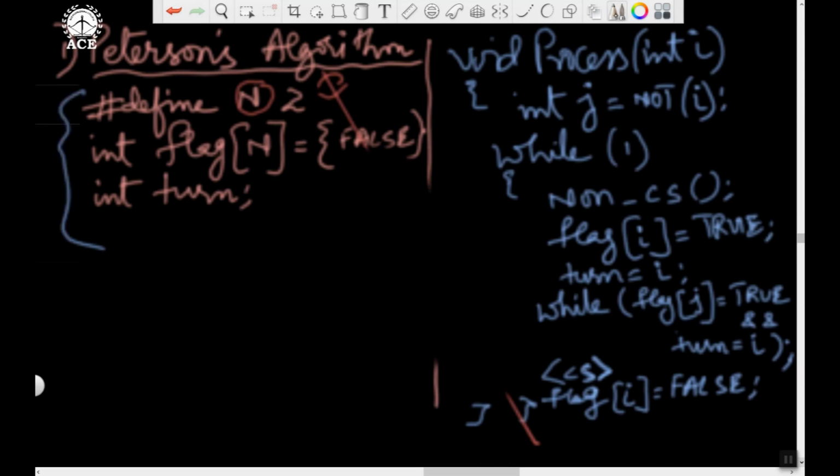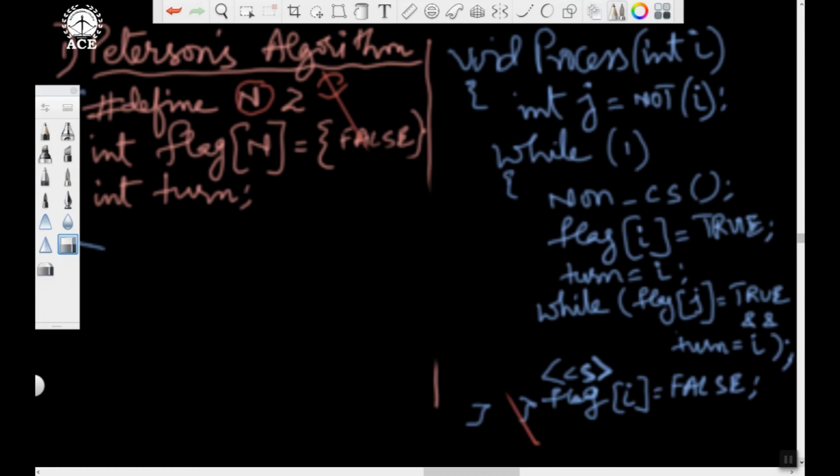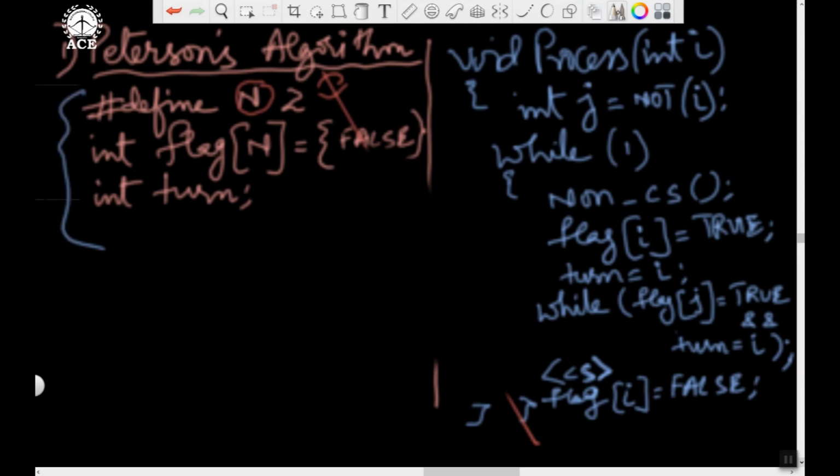Maybe you can name the processes as Pi and Pj, two distinct processes, where i is not equal to j. P0, P1, or any such names, i and j.